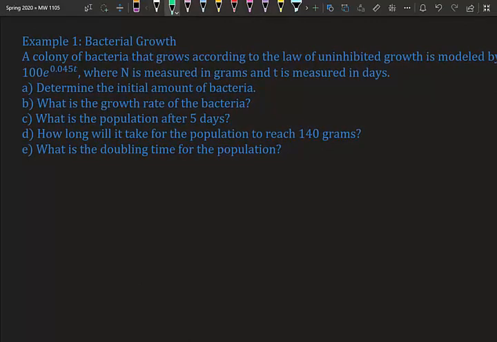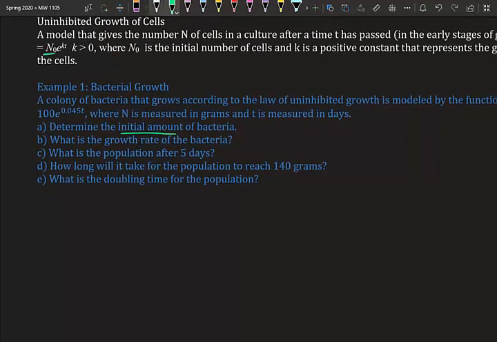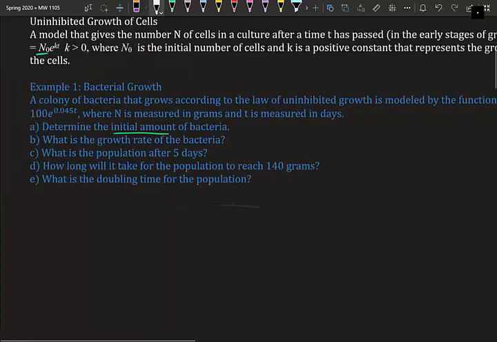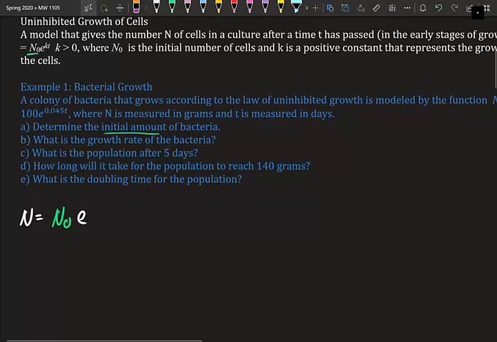So the initial amount, that's the N sub 0. Since we know we're growing, because bacteria grows, we have our formula, N of t. T just means time. So our initial amount, which is N sub 0, times e to the power of k, the constant, we're actually given.